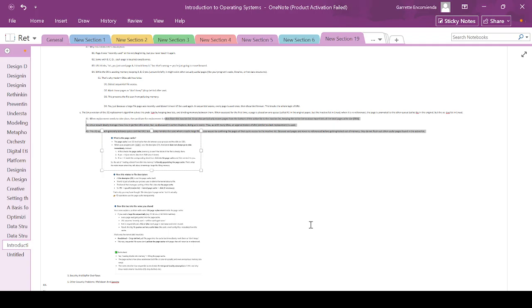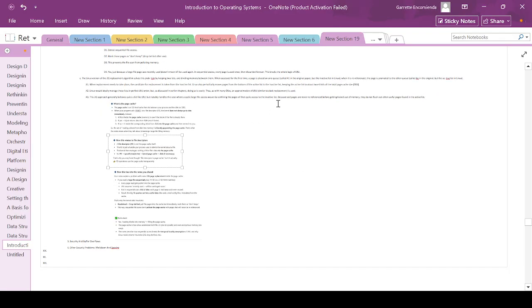This 2Q approach behaves a bit like LRU, but notably handles the case where cyclic large file access occurs by confining the pages of that cyclic access to the inactive list. Because said pages are never referenced again before getting kicked out of memory, they do not flush out other useful pages found in the active list.